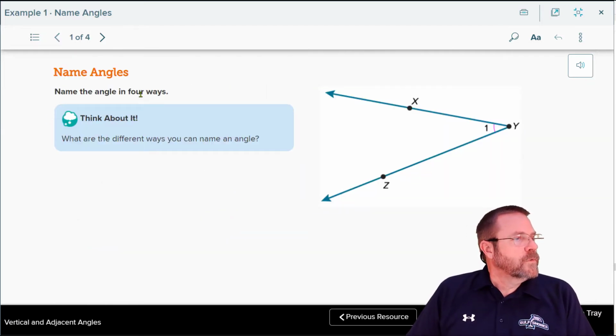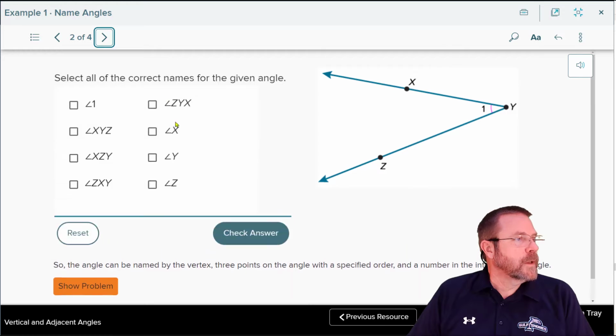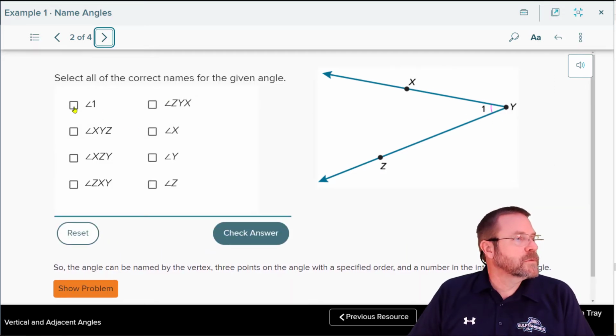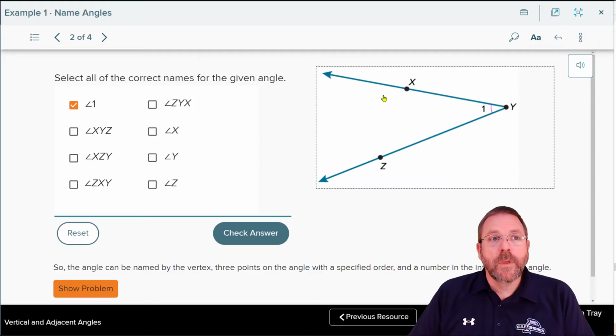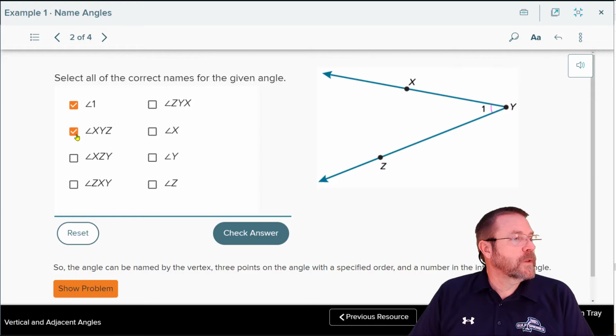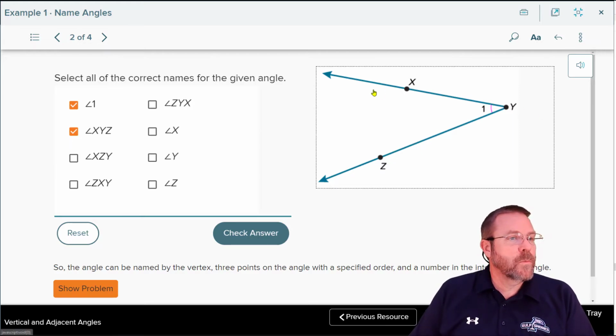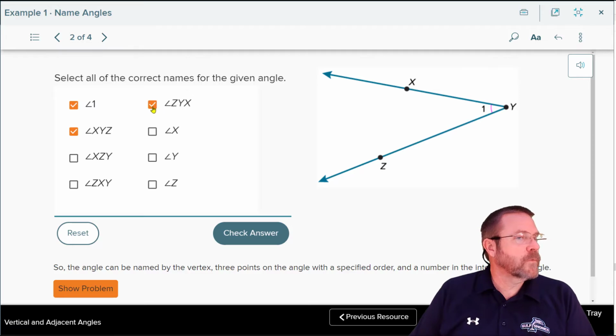Example 1 wants you to name this particular angle 4 different ways. So the first option we have here is that we can name it based off of this number right here, which is angle 1. That would be good. We could call it angle XYZ, and you see that right there. We could call it angle ZYX, and you see that one right there.